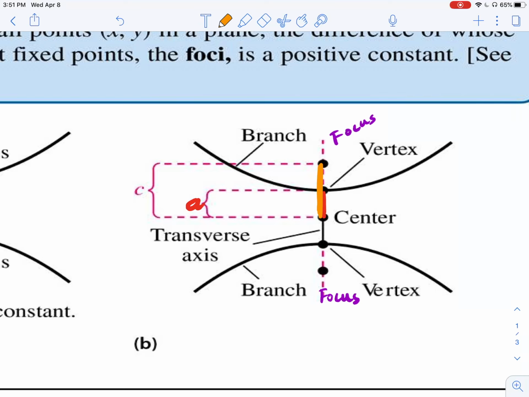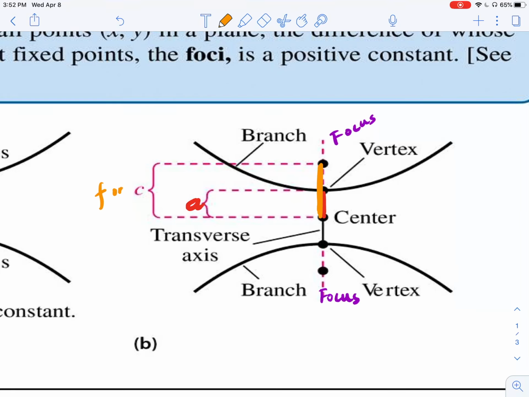Now, the book uses C, but you know me by now. I like to use lowercase f because it doesn't confuse it with where the center is. But our F value is going to be the distance between our center and our focus. And you're probably asking yourself, well, what about B? Is there a B value? And there is, and we'll get to that in just a second.